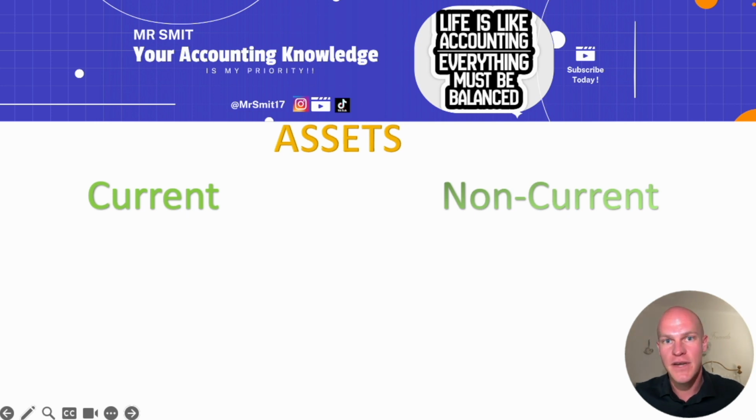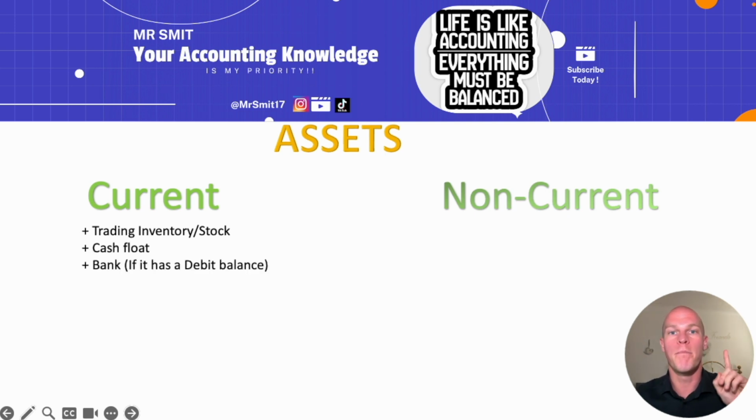The different types of current assets that we have is your trading inventory or stock, so the items or stock that you're going to be selling if you are a product-based company. Cash float. Your bank is also a current asset. But if you read closely, it says if it has a debit balance.